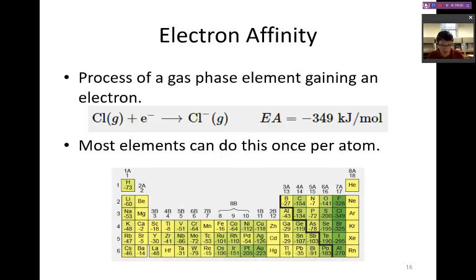The last property we want to talk about here is the electron affinity. Electron affinity is the energy involved when we take an element in the gas phase and it gains an electron. So in a way, this is the opposite of the ionization process.